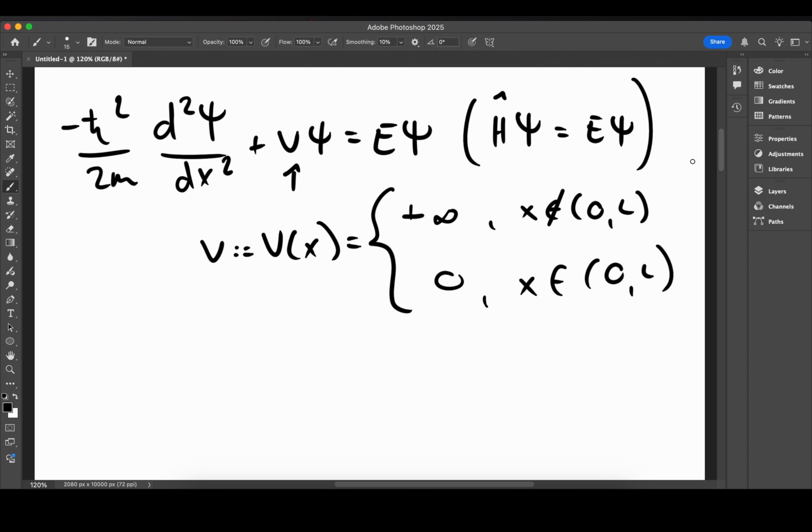So what do we do next? Well, we can interpret the absolute square of the wave function as a probability distribution. That is what it is. And from this potential function, we know that there is 0 probability that the particle that follows this Schrodinger equation and this potential will be found out here, where there is an infinitely high potential barrier.